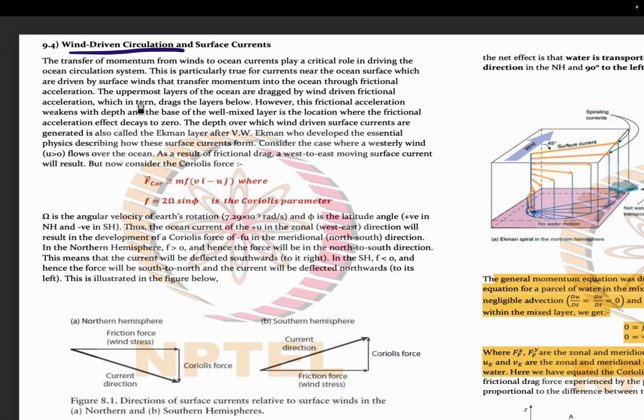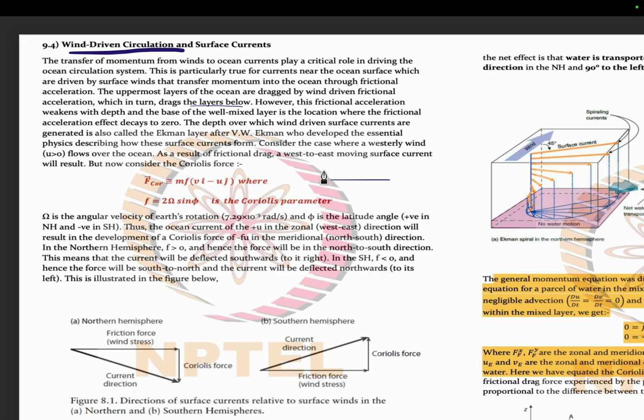The uppermost layer of the ocean, the mixed layer, is dragged by the wind-driven frictional force, and this frictional acceleration in turn drags the layer below. However, this frictional acceleration weakens with depth, and at the base of the well-mixed layer the frictional acceleration effect becomes zero.